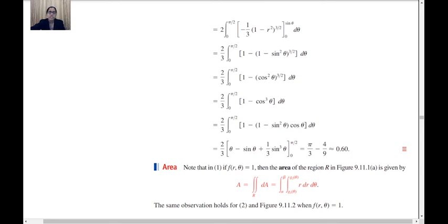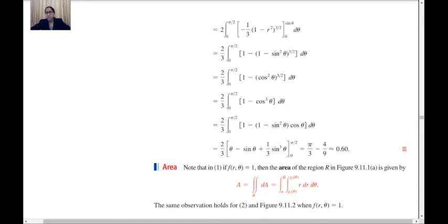So for the same problem, if you are asked to find the area, we just have to put the double integral of dA. That is, we don't need any f(x,y) or the value of z. So f(r, theta) is equal to 1. That will give the value of the area of the given region. So this is how we can determine the volume of any given region.